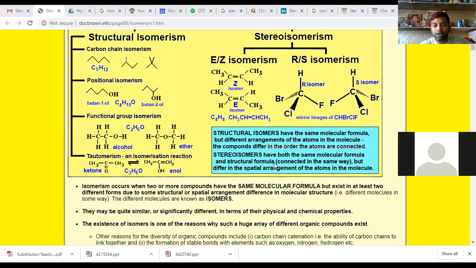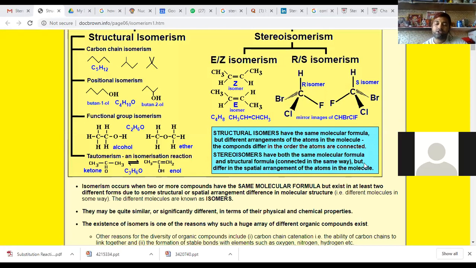Same structural formula means they are connected in the same way. But they differ in the spatial arrangement of atoms in the molecule. Only the spatial arrangement of atoms or groups of atoms is different in these molecules.